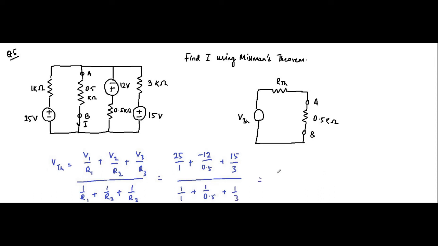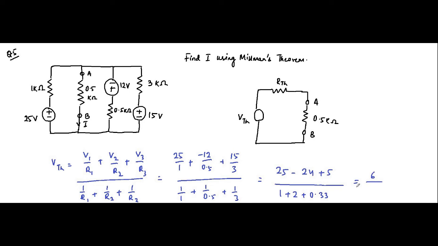This is 25 minus 24, because 12 divided by 0.5 is 12 multiplied by 2, so minus 24, and plus 5. The denominator is 1 plus 2 plus 0.33, so it is 25 minus 24 plus 5, which is 6, by 3.33.